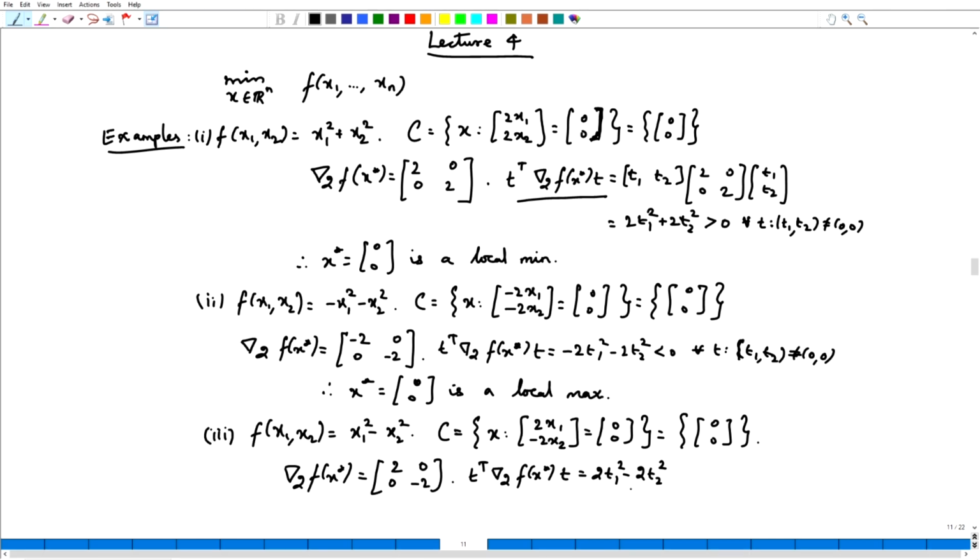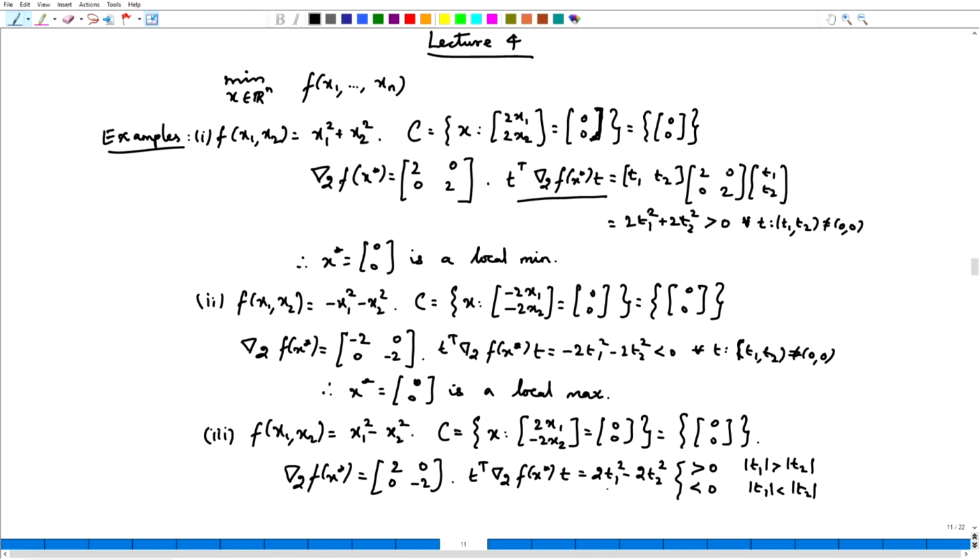I should be careful: if t1 squared is greater than t2 squared, then this is greater than 0. So it is greater than 0 when mod t1 is greater than mod t2, and less than 0 when mod t1 is less than mod t2.